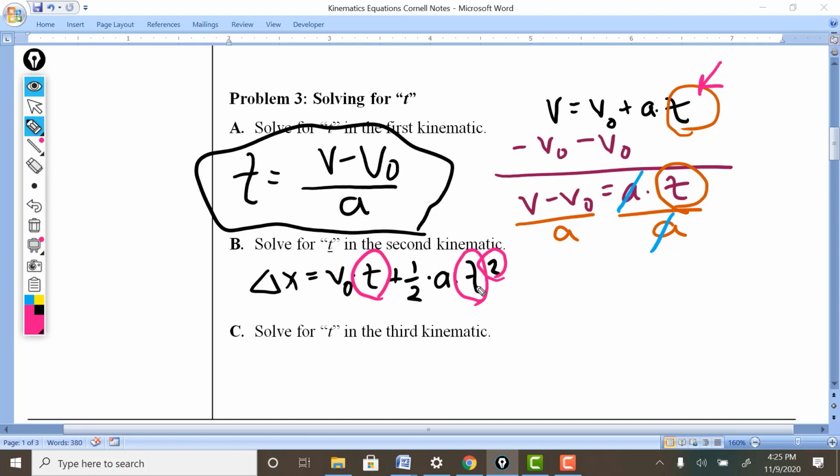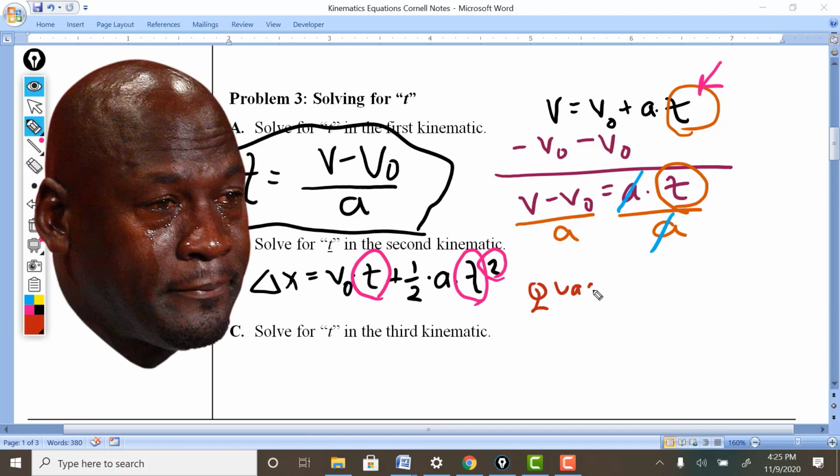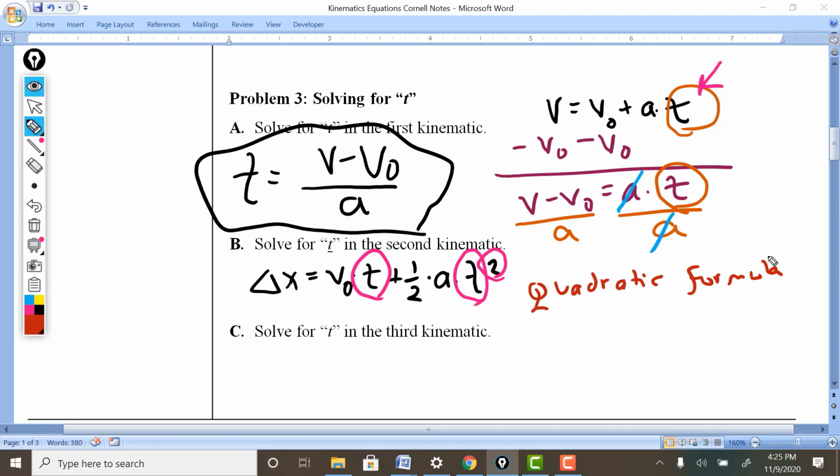They cannot be combined because they have different dimensions. This is one-dimensional, this is two-dimensional. We cannot combine those two. In order to solve this equation for t, we would have to use what's called the quadratic formula. This will not be undertaken in this class, and so we leave this problem alone.